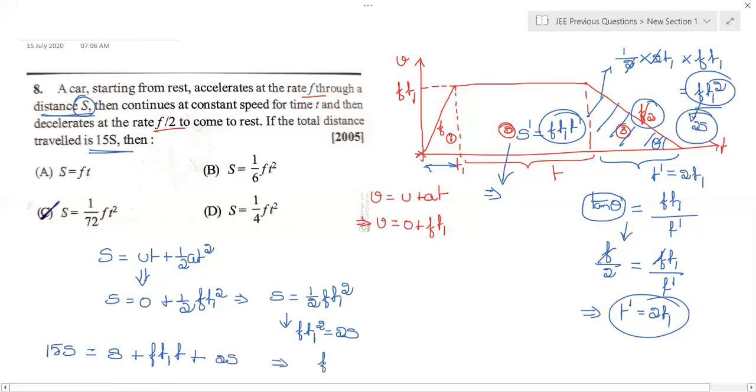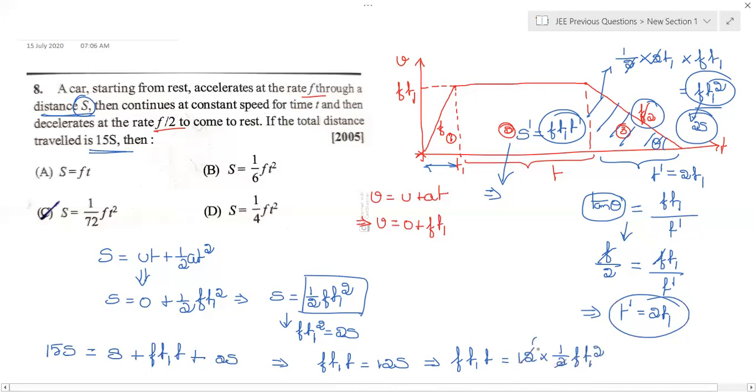So that implies f into t1 into t is equal to 12s. In place of s, I am going to substitute this equation. So that implies f into t1 into t is equal to 12 into half f t1 square.